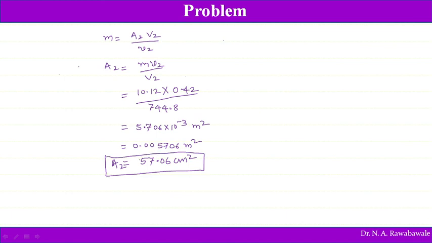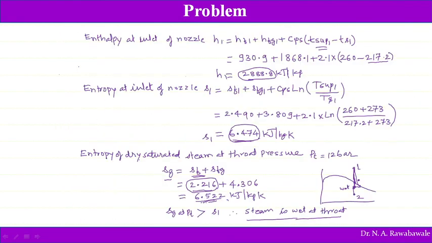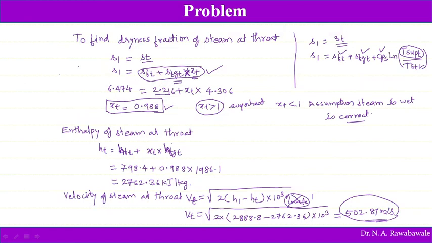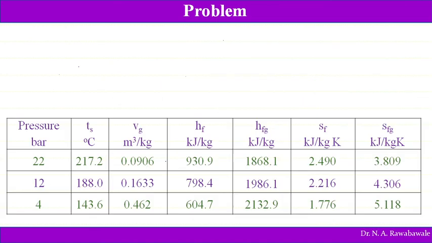This problem is a solved problem in the book, but he has used the Mollier chart to find the values of enthalpy and everything. So if we see here, this is H1. We obtained H1 as 2888.8. So this is the difference. Then HT, enthalpy at throat, we obtained as 2762.36.